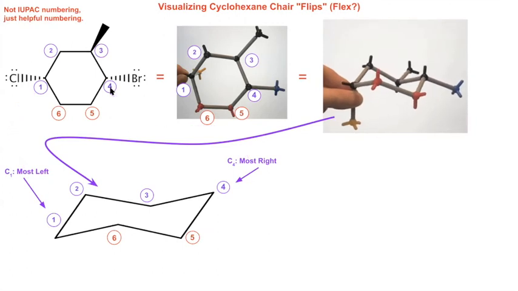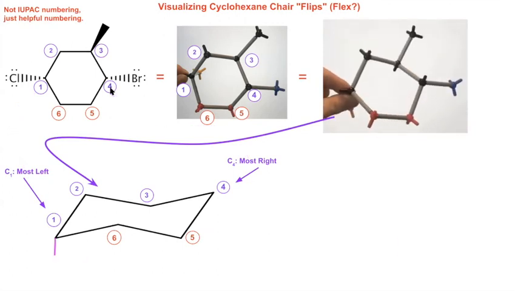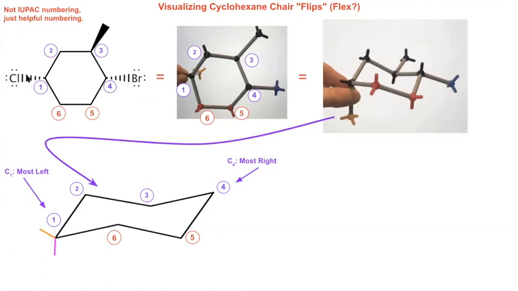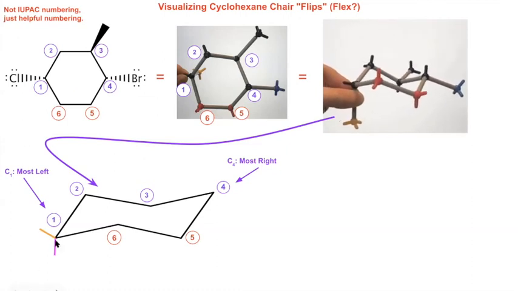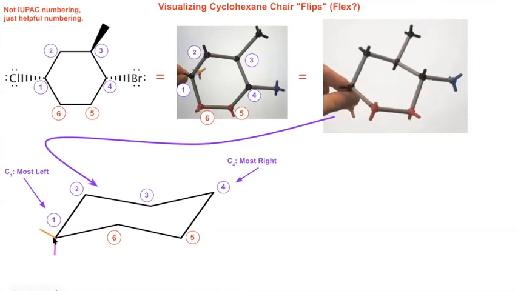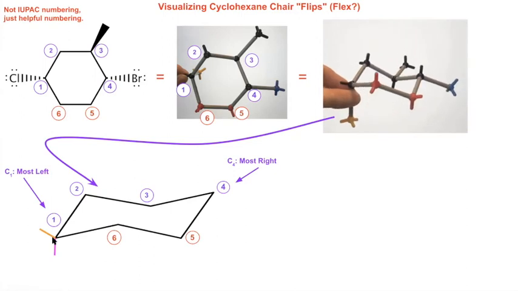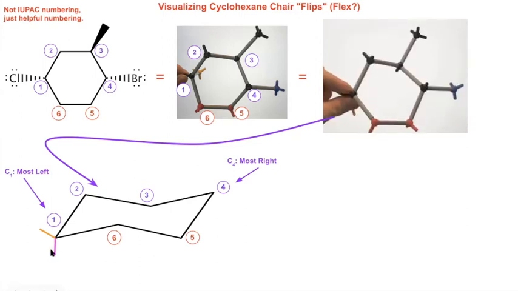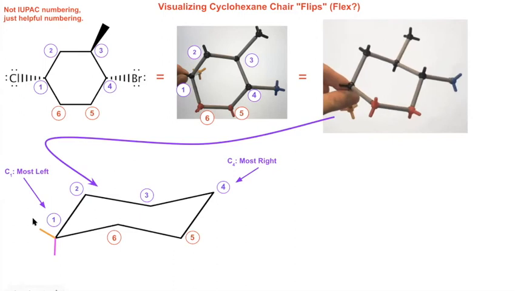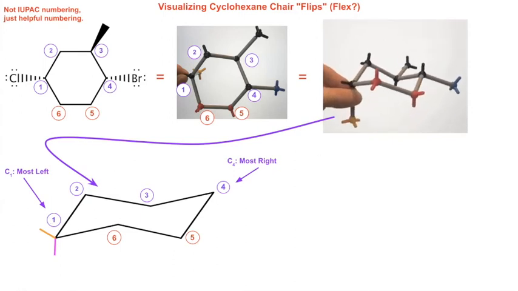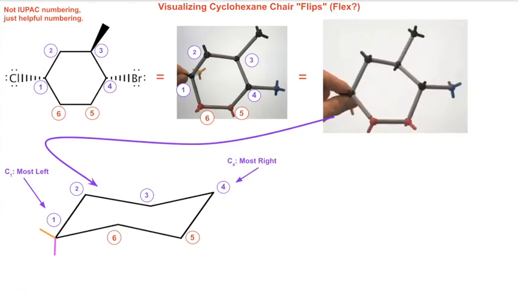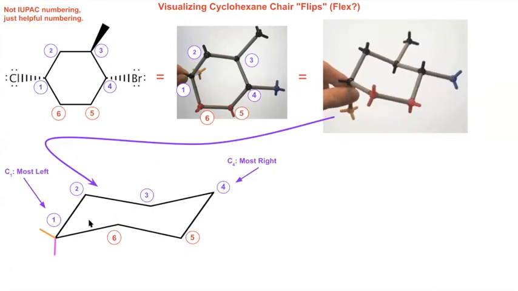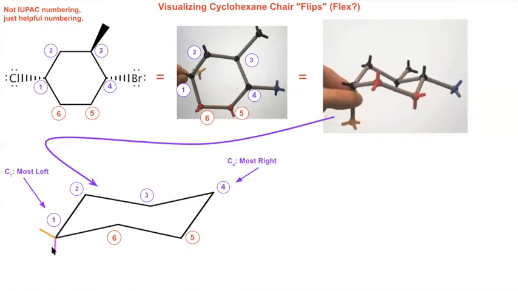And then I can add on my groups. I'll show you the bond angles and stuff of these shortly, but you should be able to see that for this guy, should the chlorine be in the down position or the up position?